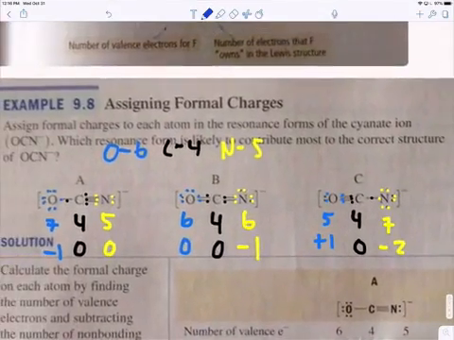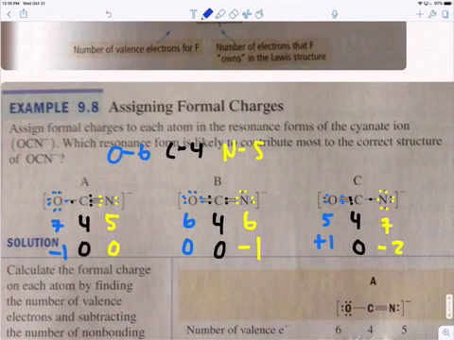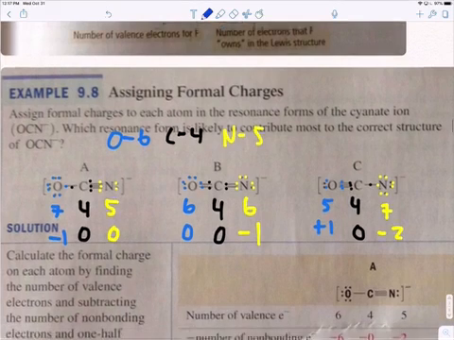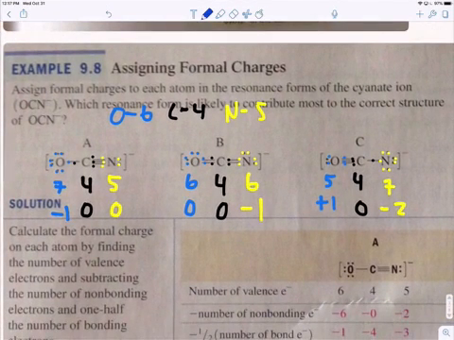So let's look at this. Assign formal charges. We have the cyanate ion, OCN minus. Which resonance structure is most likely to be the correct structure? I've kind of enhanced this already.